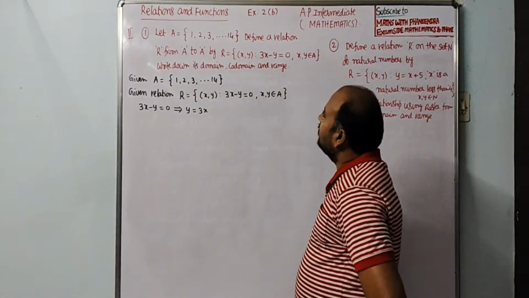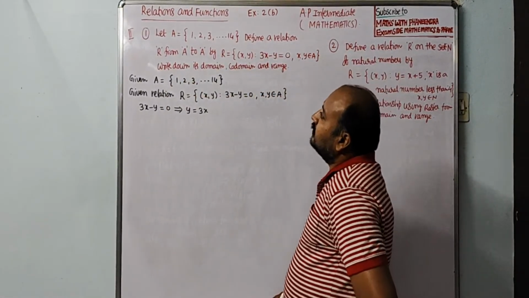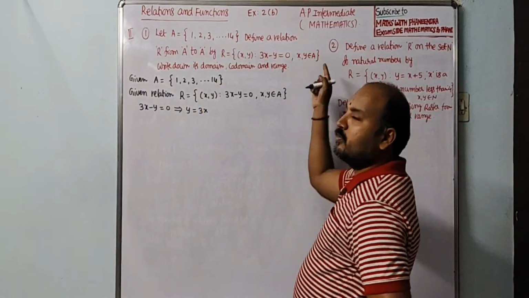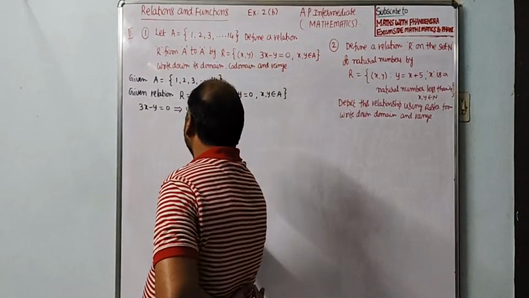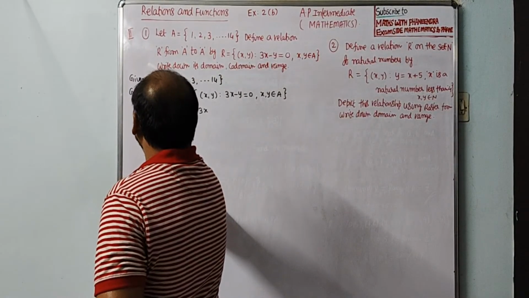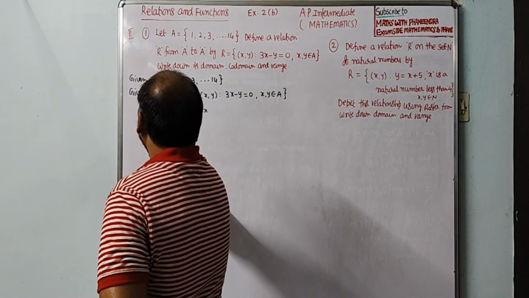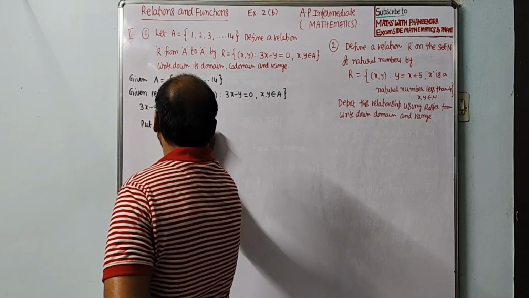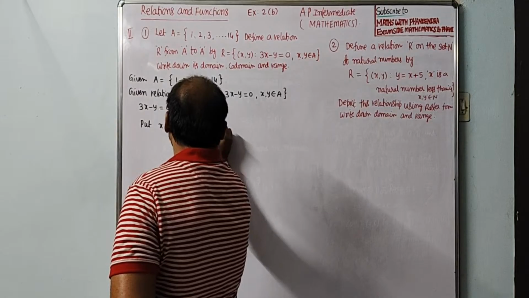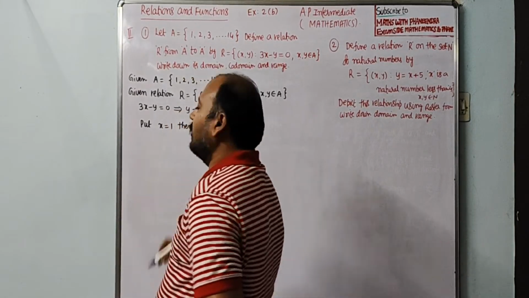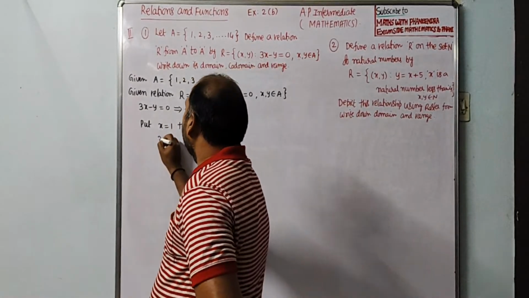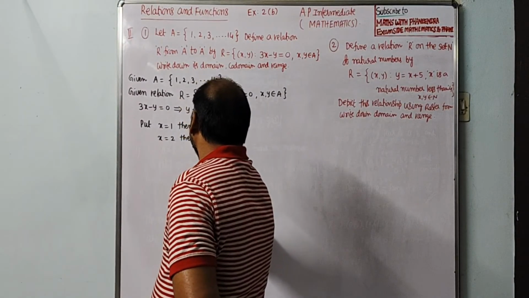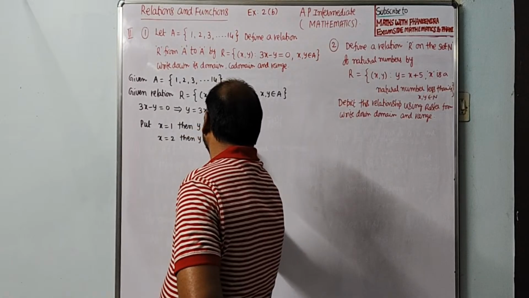Next, till 14 numbers only we have to get. Y also belongs to A, till 14 values. Suppose we put x is equal to 1, then y is equal to 3 into 1, that is equal to 3. So we got that. X is equal to 2, then y equal to 3 into 2, 6.